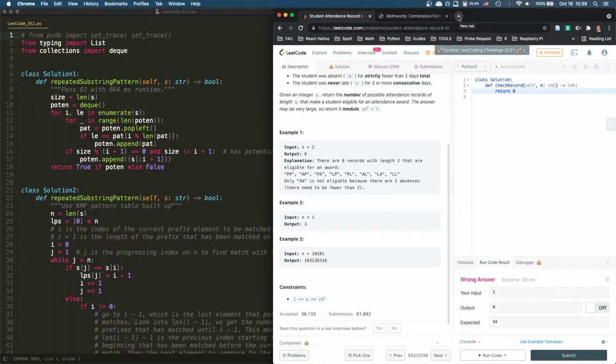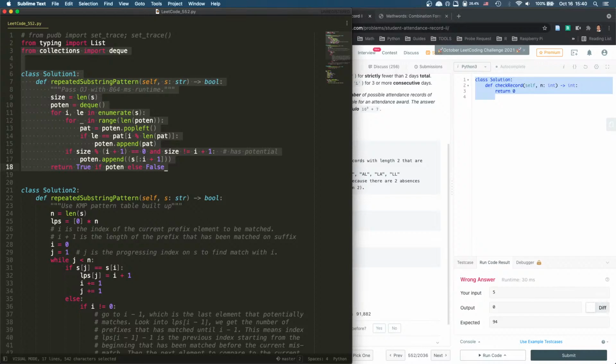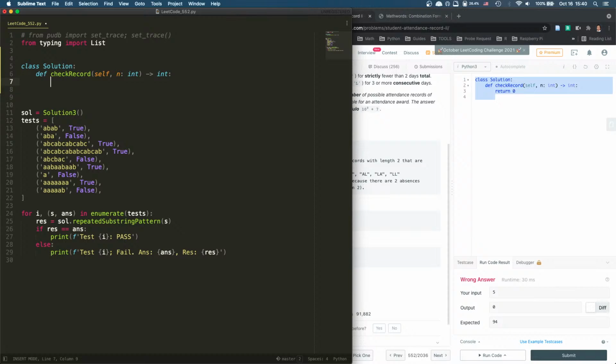So, here is what we're going to do. Okay, so what we're going to do is all in, right? I'm going to say all in 1, all in 2, all in 3.